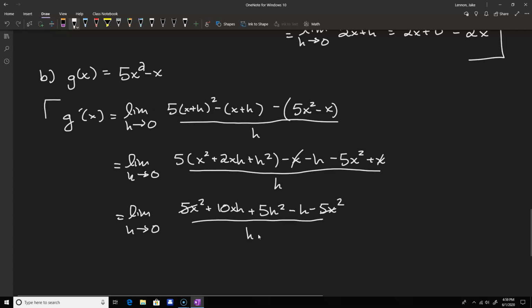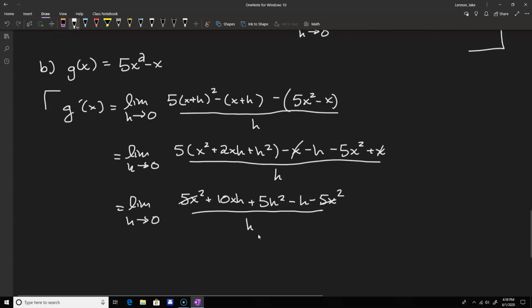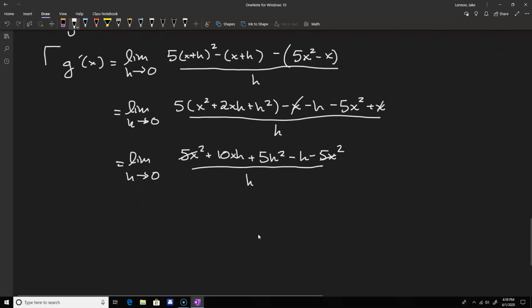So there are 3 terms remaining in the numerator of this limit, and they all contain a factor of h. So what we're going to do is factor out that h. So we end up with the limit as h goes to 0 of h times 10x plus 5h minus 1, divided by h.